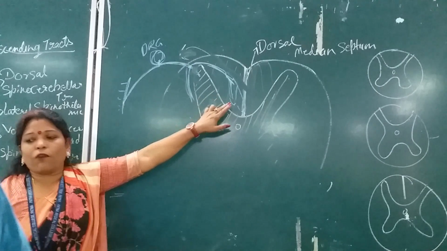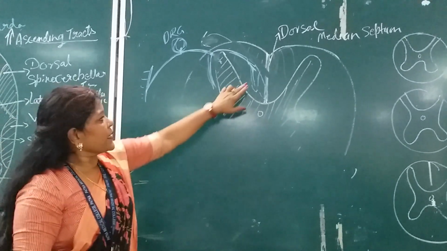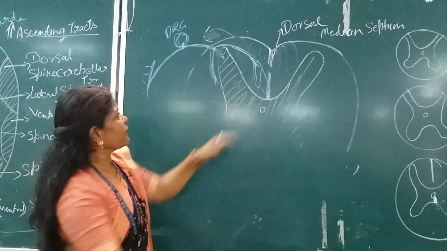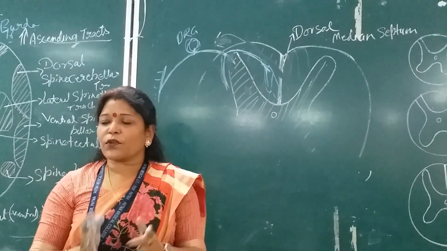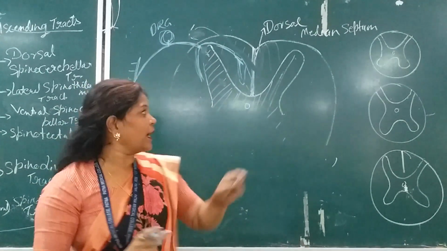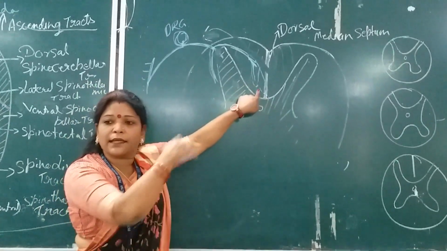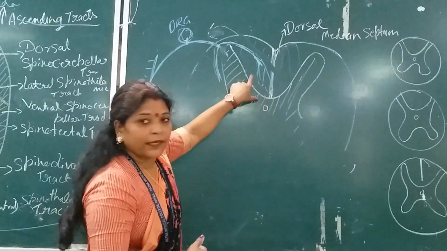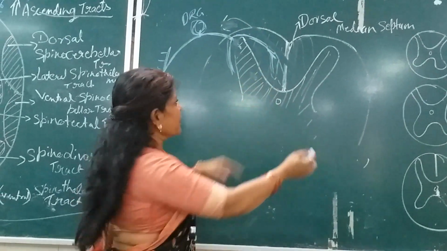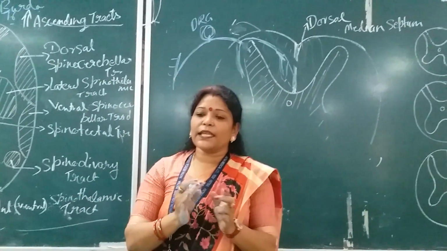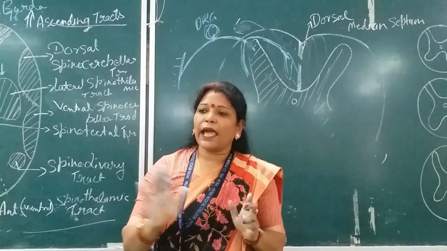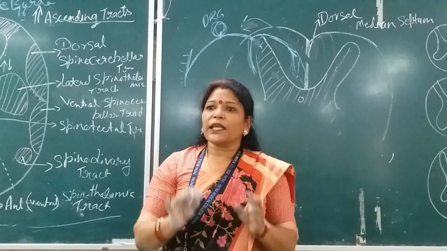Now coming from which division? These descending fibers are coming from the medial division of the central process of the dorsal root ganglia, and these descending fibers give collaterals and synapse there, and it helps in the regulation of the intersegmental reflex activity, isn't it?